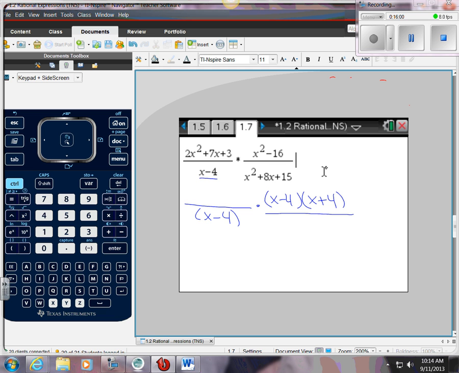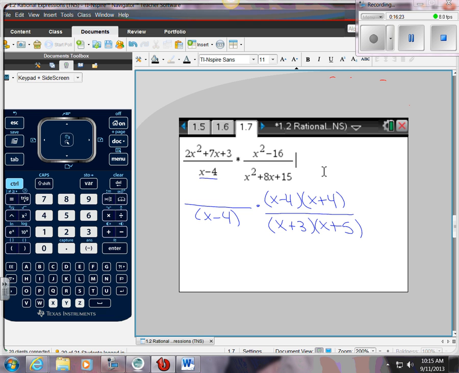Okay. Denominator, second fraction. Yep, x plus 3, x plus 5. Excellent. Multiplies to be 15, adds to be 8. How are we doing? Numerator, first fraction. Ugly, right? Let's work it out.